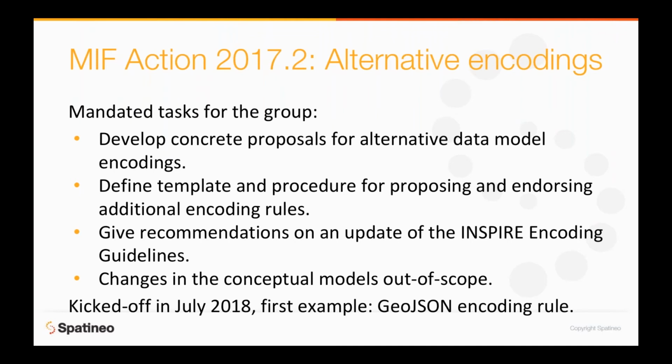So the idea is to develop concrete proposals for alternative data model encodings, define a template and procedure for proposing and endorsing additional encoding rules in the future, and give recommendations also on the update of the INSPIRE documents about the data encoding guidelines.